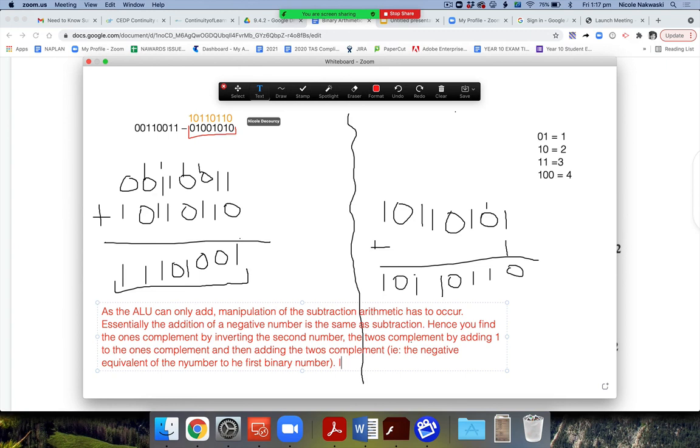In this way, you are performing subtraction. Ta-da! There's your explanation.